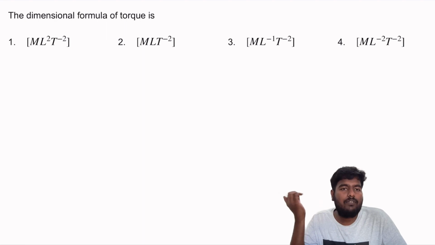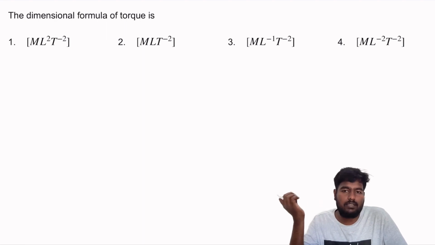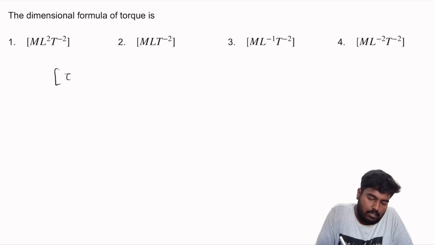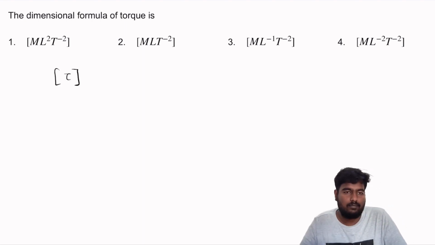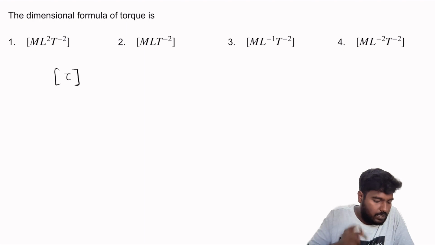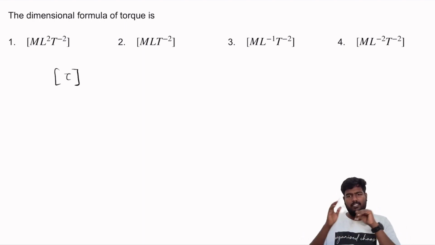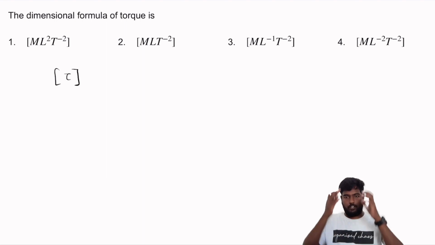The dimensional formula of torque is, okay, the symbol for torque is called tau. In either the state board or NCERT book, at the end of volume 2, I guess, you have a list of quantities and dimensions, around 100 quantities.